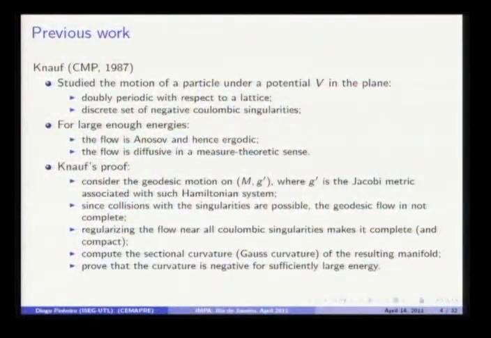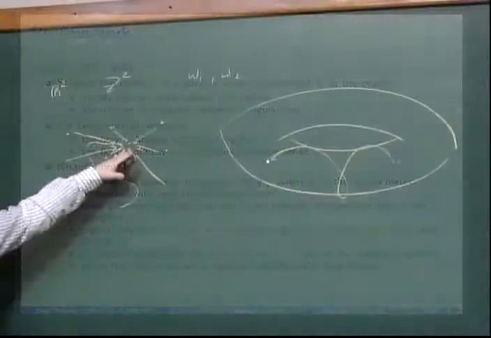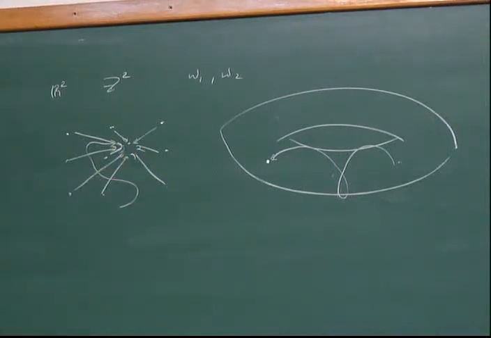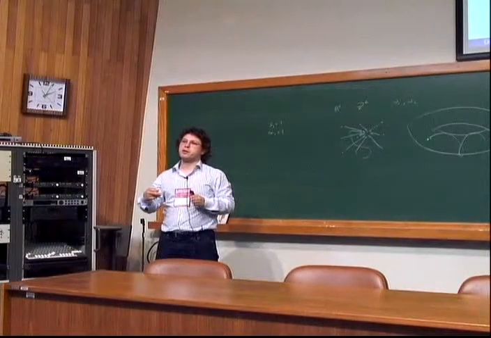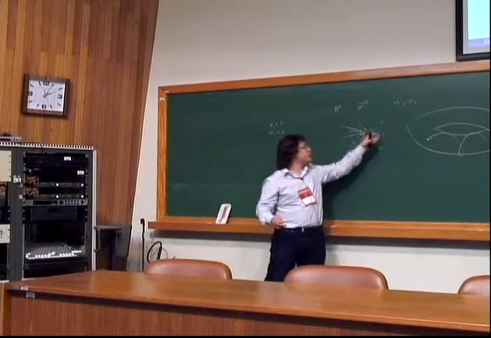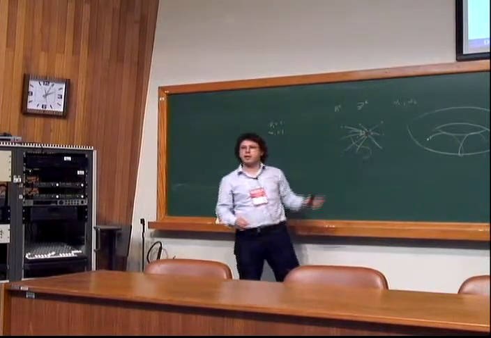I should say that there is already an old paper, Knauf in 1987, in which he studies the motion of one particle in basically this setup, but with no magnetic field. The particle feels negative Coulombic forces, so attractive Coulombic forces by each one of the particles in the lattice.